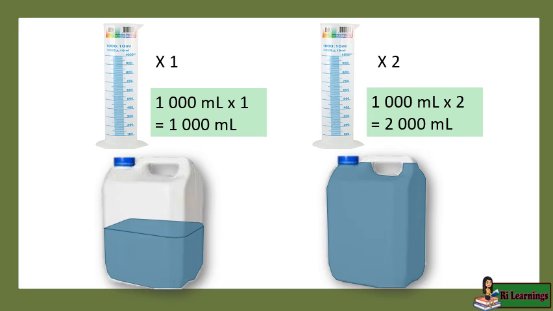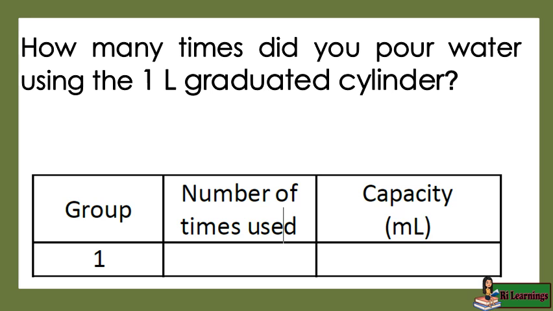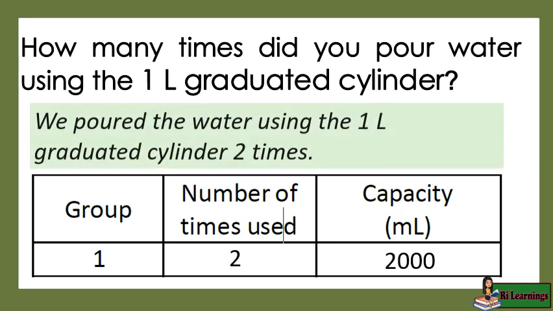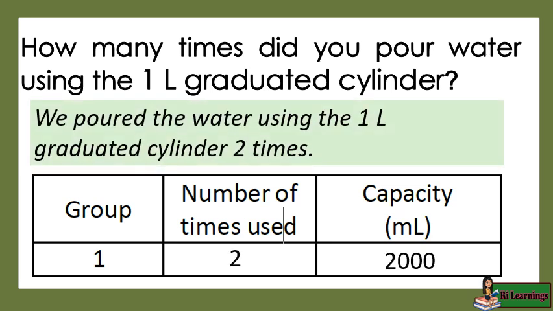That is the same as 2 liters. Now the big container is completely full. How many times did you pour water using the 1 liter graduated cylinder? We poured the water using the 1 liter graduated cylinder 2 times.